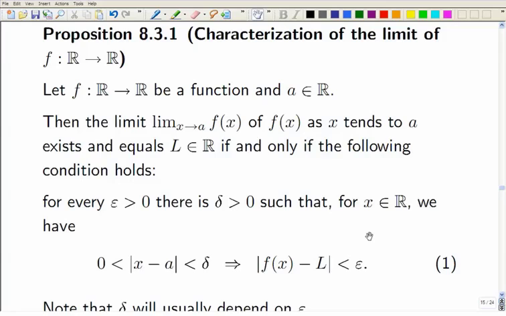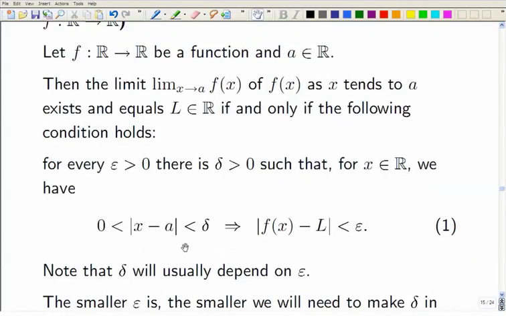So that for every real number x, if it's close enough to a, the function value will be close enough to L, expressed by: if the modulus of x minus a is strictly between naught and delta, because you're not supposed to check the value at the point, it may not even be defined. But if you're close enough to a but not equal to it, then the function value should be close to L.